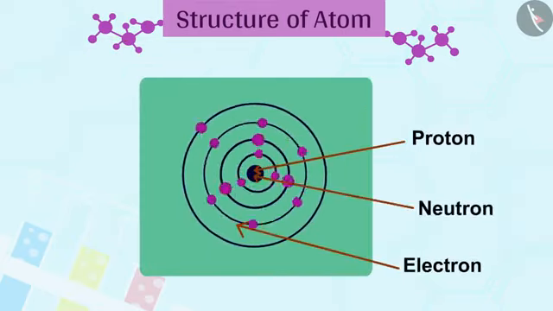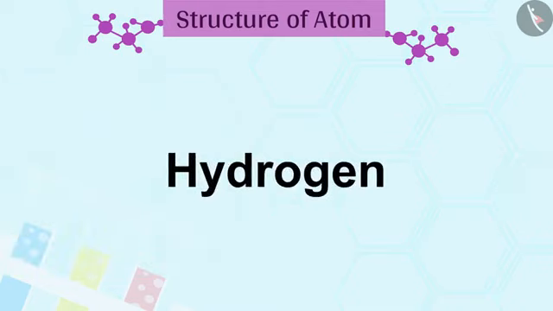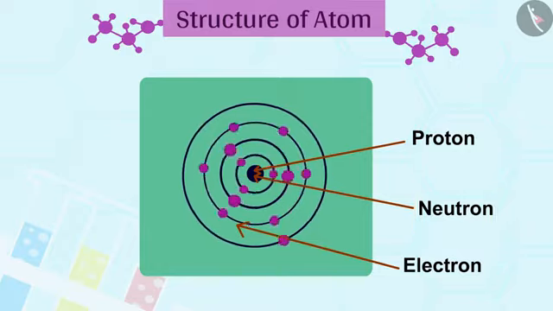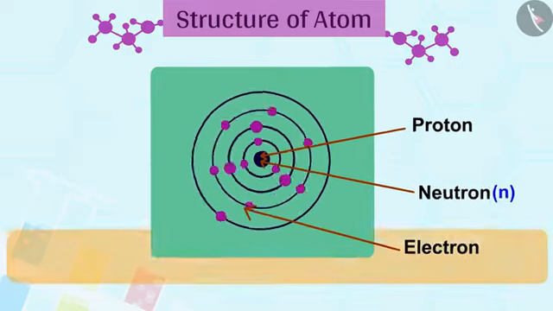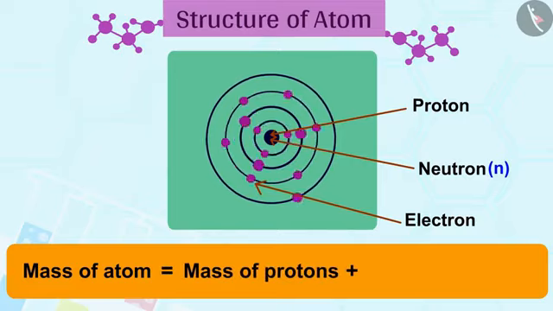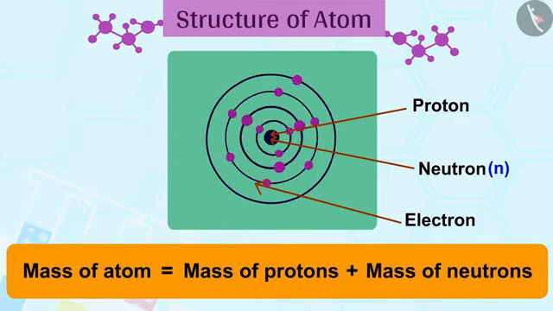Neutrons are present in the nucleus of all atoms except hydrogen. In general, a neutron is represented as n. The mass of an atom is therefore given by the sum of the mass of protons and the mass of neutrons present in the nucleus.